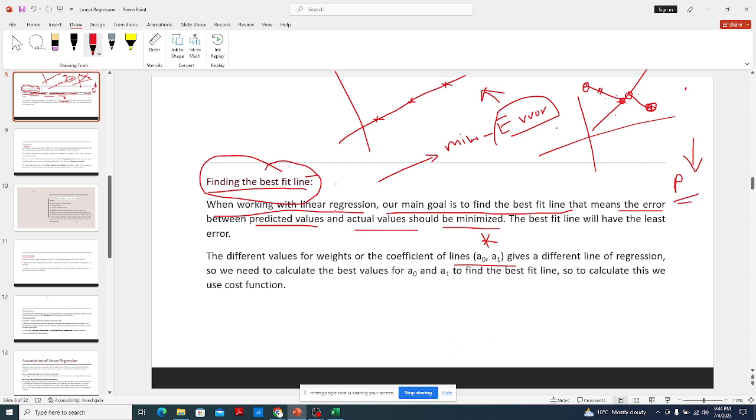So when working with linear regression, our main goal is to find the best fit line. How can we obtain this? By minimizing the error term. The best fit will have the least error term.